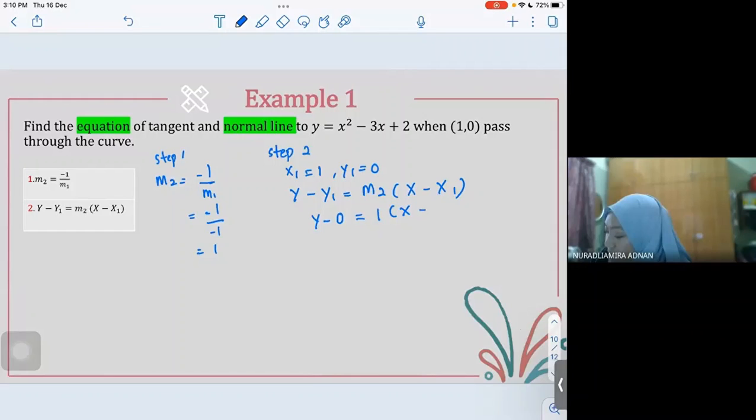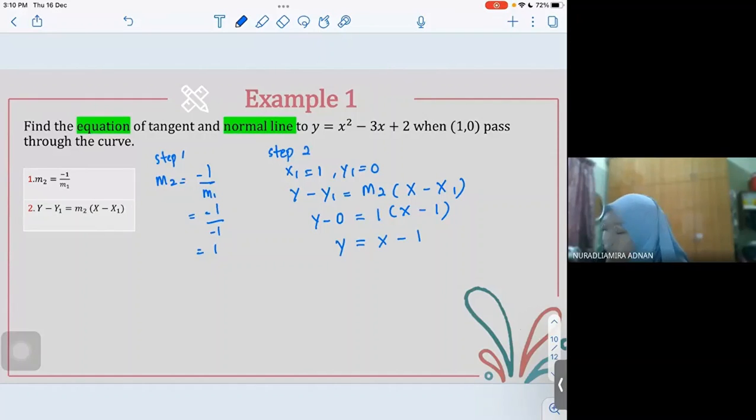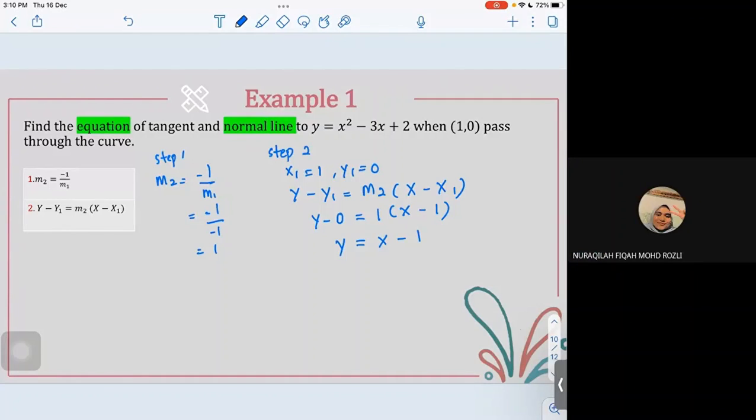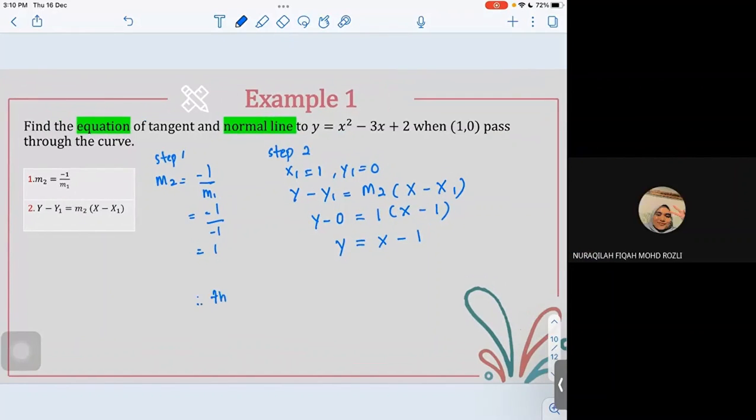Then we will get y equals x minus 1. Thank you. So are we done? Make a conclusion. Therefore, the equation of the normal line is y equals x minus 1.